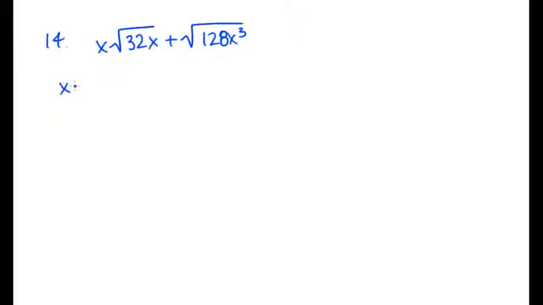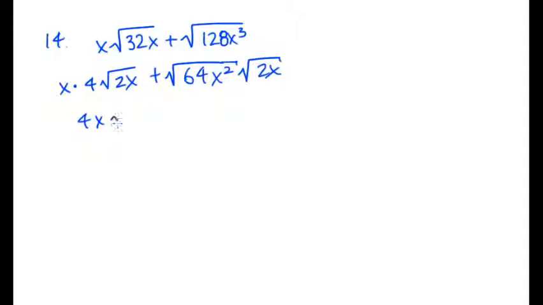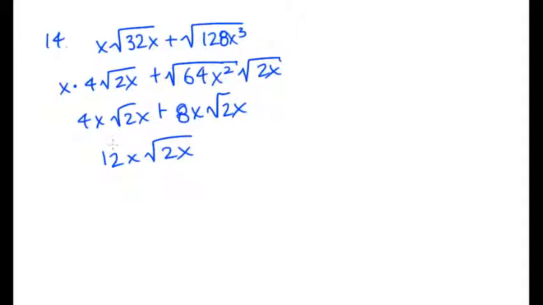It's simplifiable to 4 times 2x, right? And this second term separates into 64x squared times 2x. So this just becomes 4x rad 2x plus 8x rad 2x. Now that we've simplified everything, we can just add straight. So our final answer is 12x rad 2x.